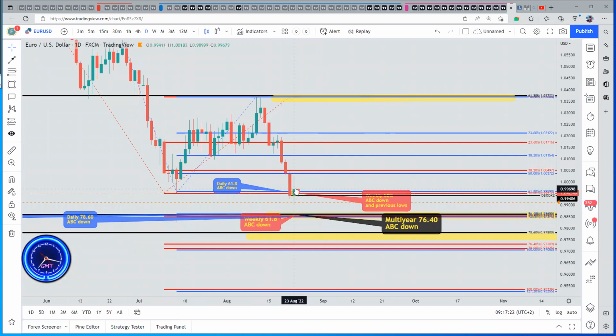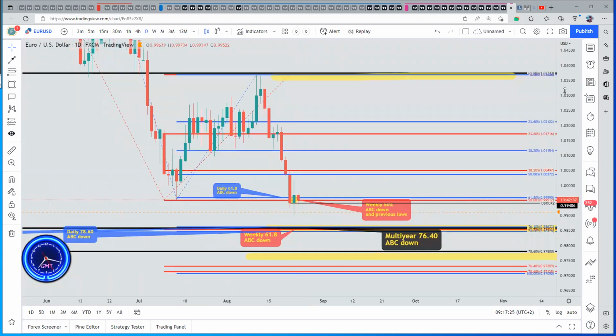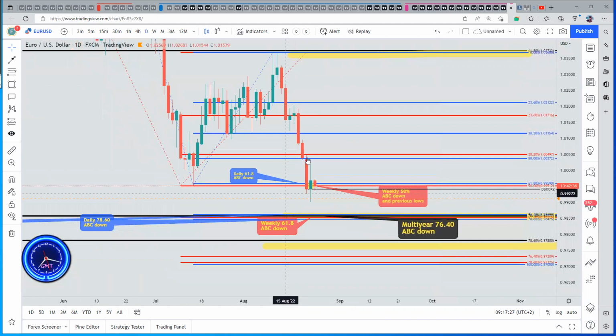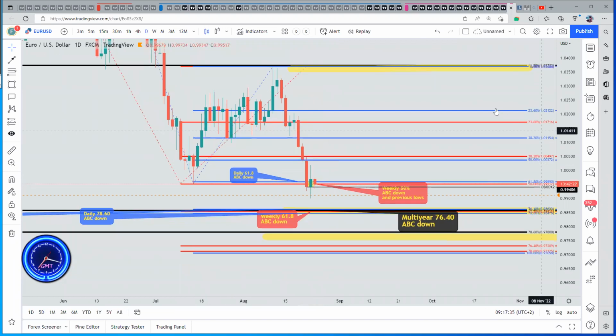So we closed above it, which means that for now we have a break of this 50% of the previous lows. What we can expect for the future, we will discuss in a few seconds.